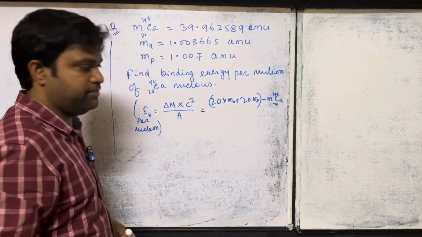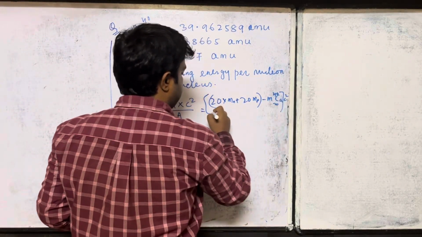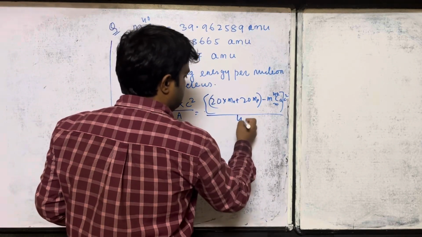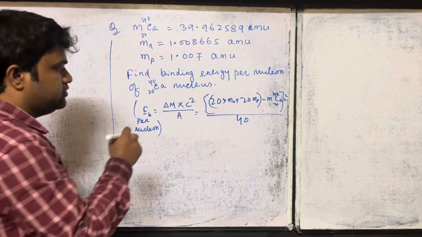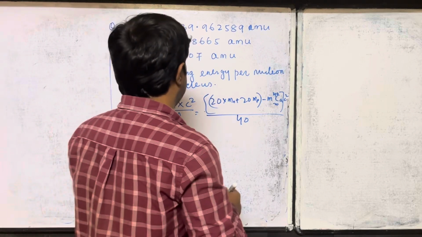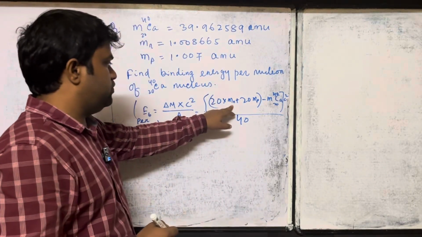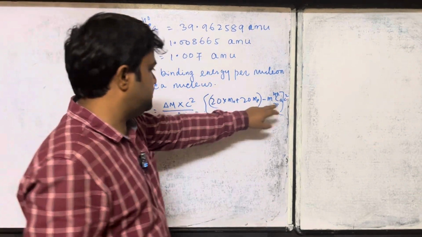This is your delta m, and we will multiply c square with delta m, and we will divide by A, the mass number, which here is 40. So first find out the numerator. 20 into mn plus 20 into mp, basically we can take 20 common, mn plus mp, minus this.